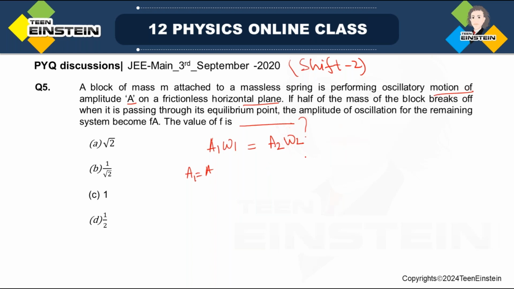For a spring, the question is like this. There is a horizontal plane, there is a spring mass system, say. It is oscillating, and when it is crossing its equilibrium position, the earlier mass was m, now its mass has become m by 2. So we can find out what the omega is, right? We know omega is equal to root over k by m.